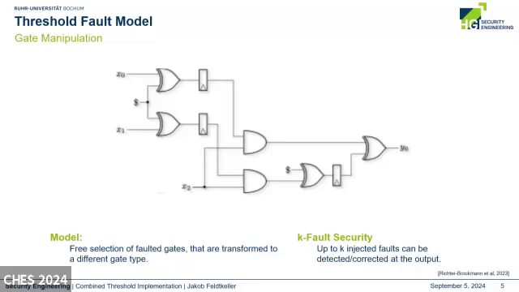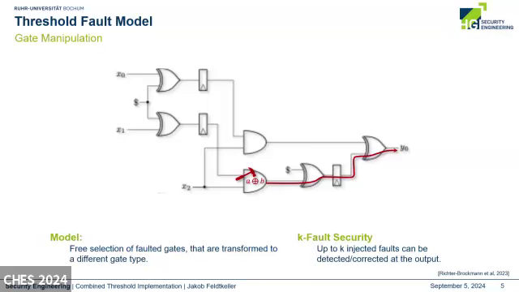The second model that we can look at, for faults now, is the threshold fault model. Here we assume that an adversary again knows the structure of the circuit and can select a certain number of gates in the circuit and change the underlying function of this gate, with a predefined set of faults that you can do.